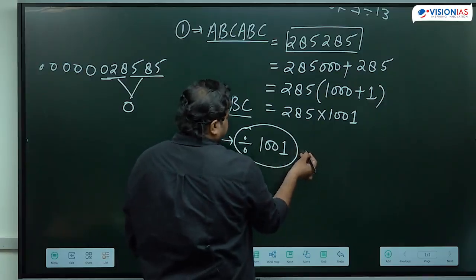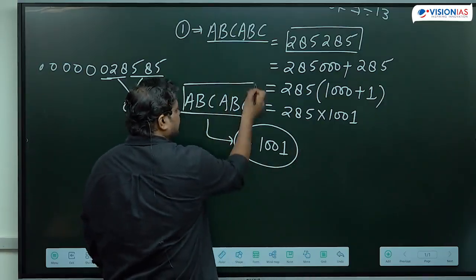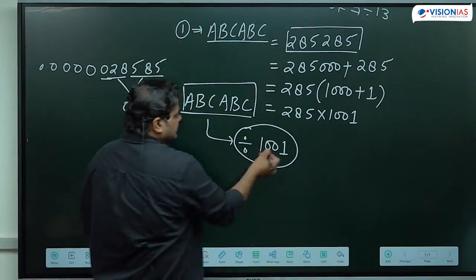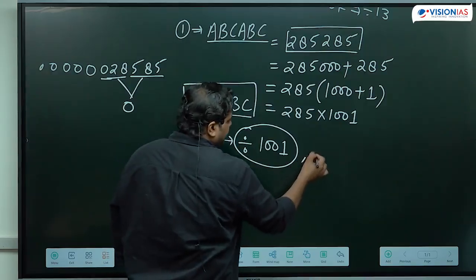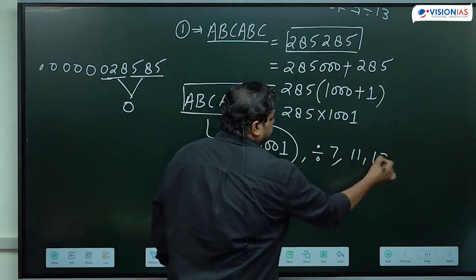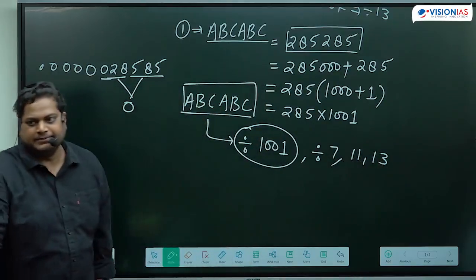So we can say that this number, if it is written in ABC form, is completely divisible by 1001, or the factors of this: 7, 11, 13.